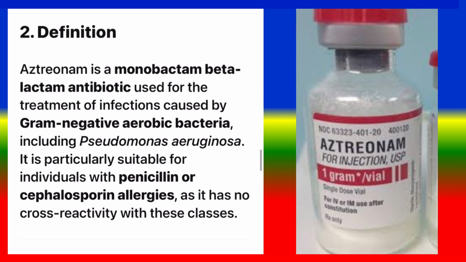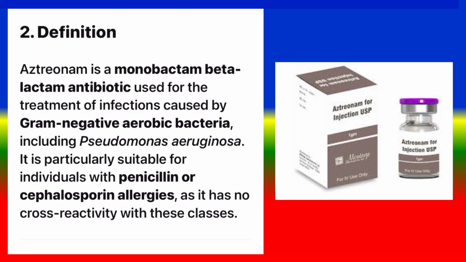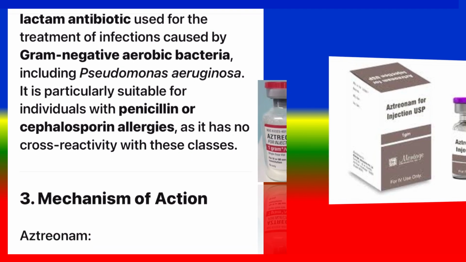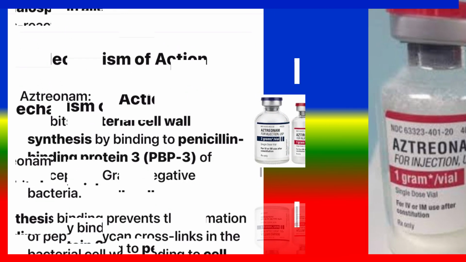Number 2. Definition: Aztreonam is a monobactam beta-lactam antibiotic used for the treatment of infections caused by gram-negative aerobic bacteria, including Pseudomonas aeruginosa. It is particularly suitable for individuals with penicillin or cephalosporin allergies, as it has no cross-reactivity with these classes.